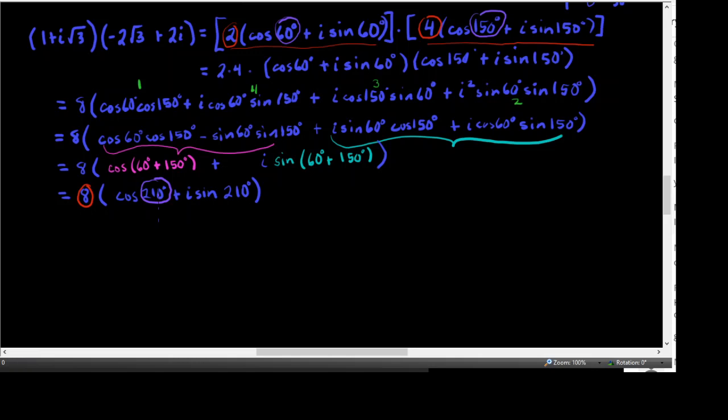If you're multiplying, say, let's call this radius 1, cosine of theta 1 plus I sine of theta 1. Oops, I forgot to write the I. Said it, didn't write it. And we're multiplying that by a second number in polar form. Let's call that r sub 2, cosine of theta sub 2 plus I sine of theta sub 2.